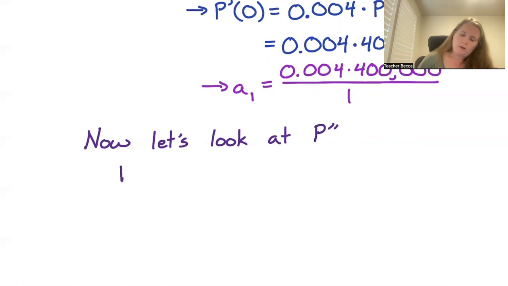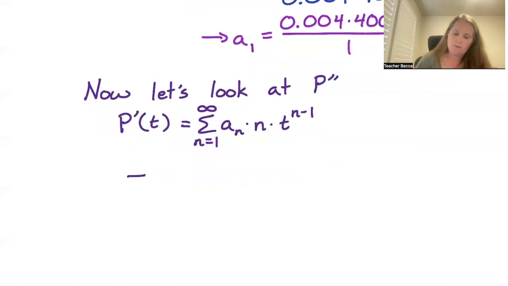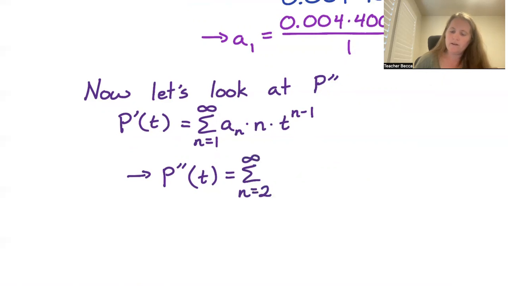So if P prime of t is equal to the sum from n equals 1 to infinity of a sub n times t to the n minus 1, it turns out that the second derivative is the sum from n equals 2 to infinity. Again, that first term is a constant term.